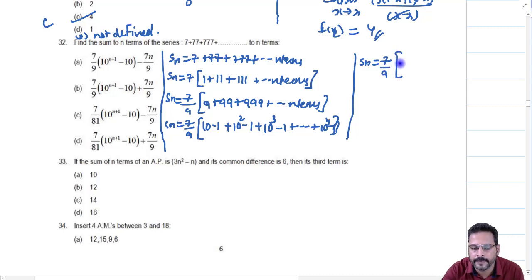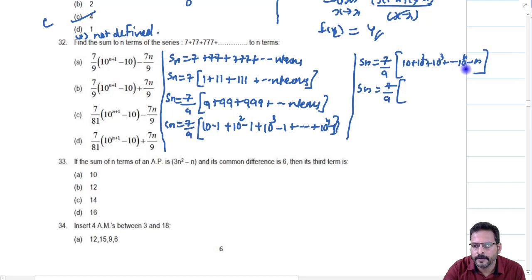Then we can take common terms: 10 plus 10 square plus 10 cube plus etc. up to 10 raised to n, minus 1 minus 1 n times, that means minus n. Therefore, Sn is equal to 7 by 9 into something minus n. These terms represent the sum of n terms of a GP.